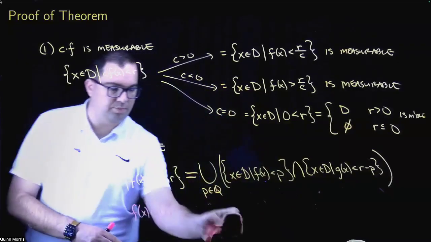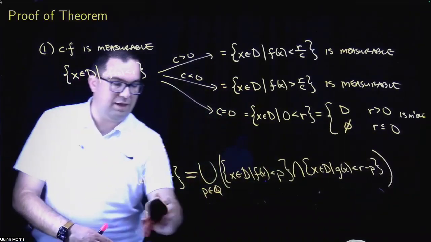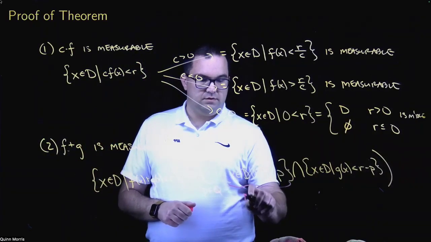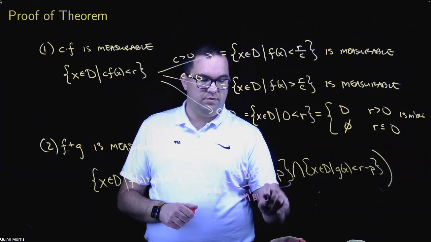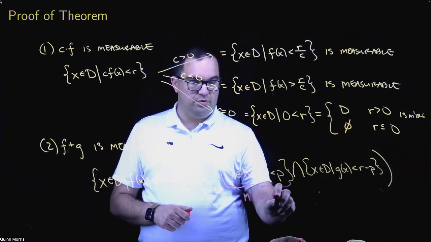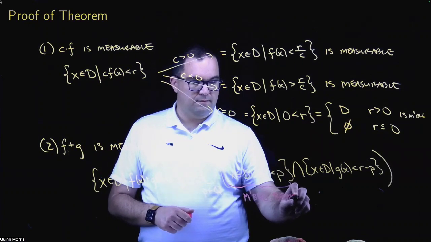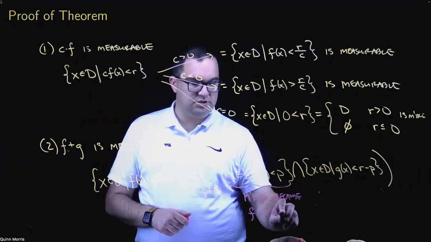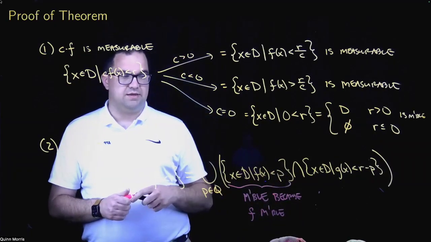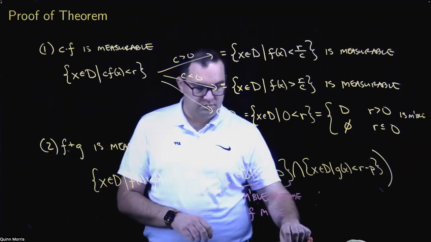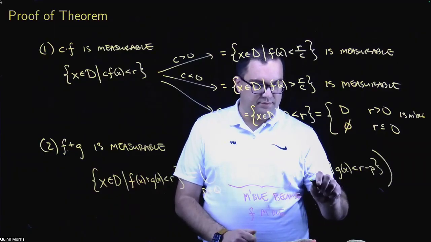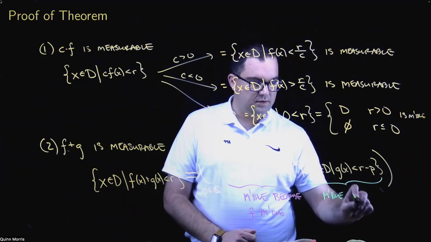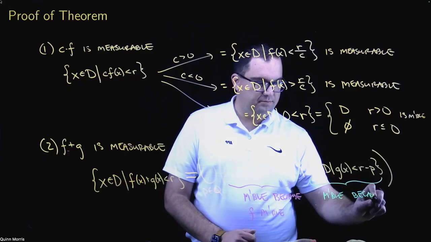Why does this help me? Well, F is measurable, so this set is measurable because F is measurable. This is just one of the sets from a measurability condition for F. This set is measurable because G is measurable.